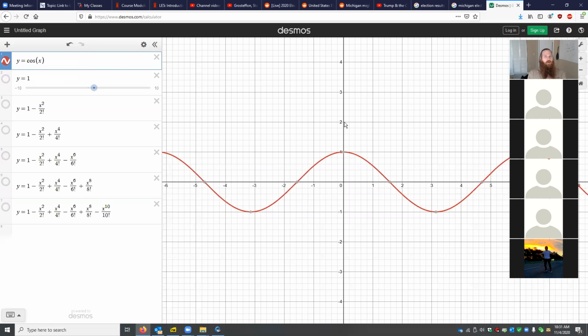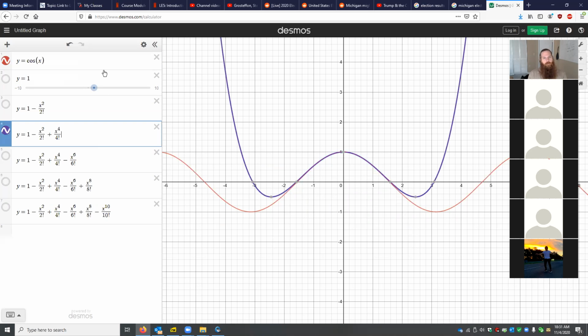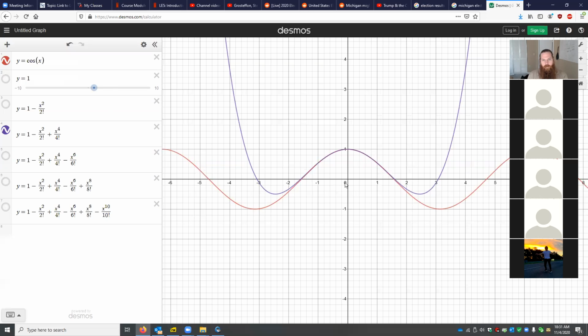So the red function here, this is cosine. If you start looking at the first few partial sums, what do you notice? The purple is doing a darn good job of sticking close to the red.